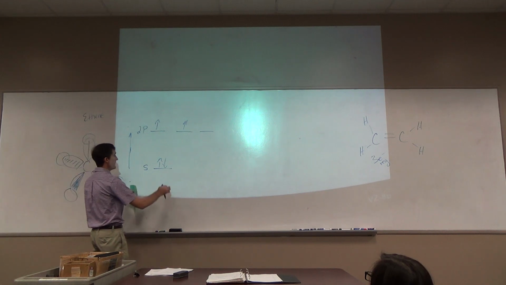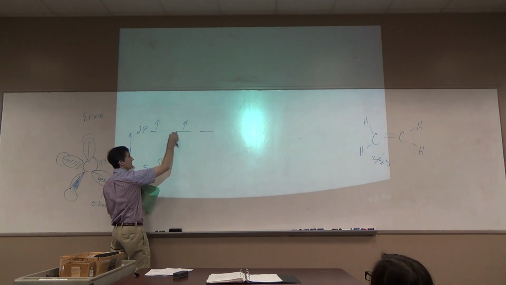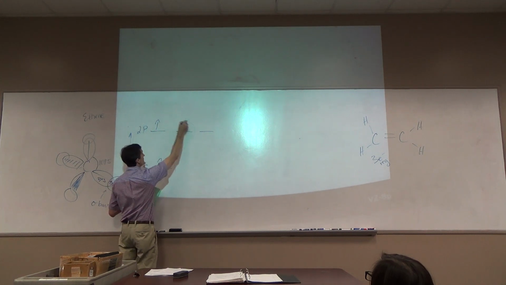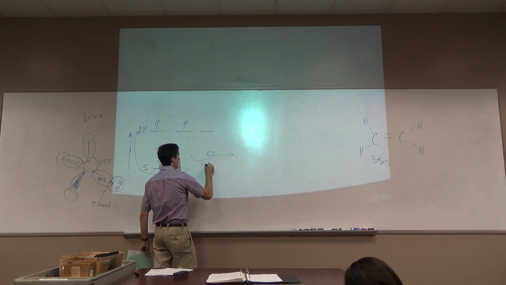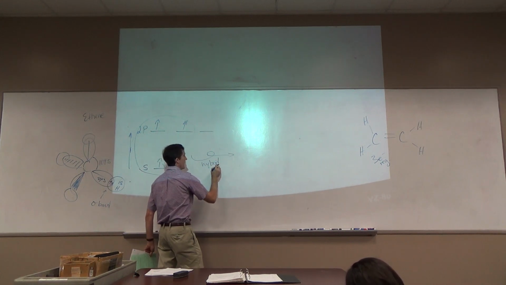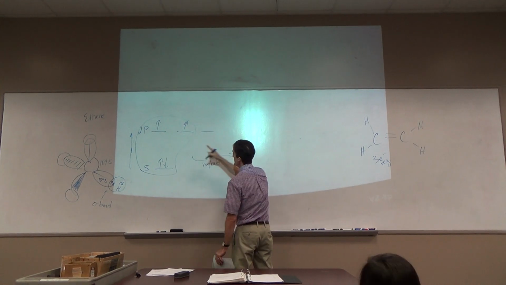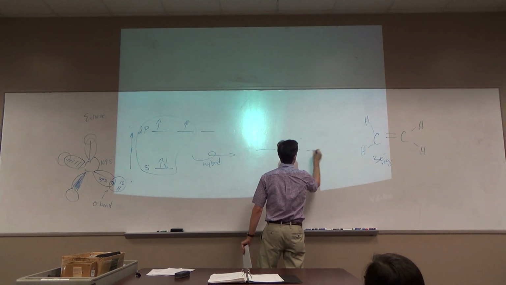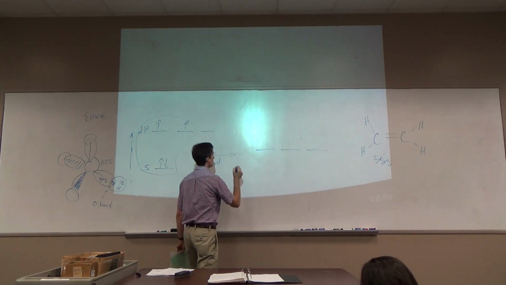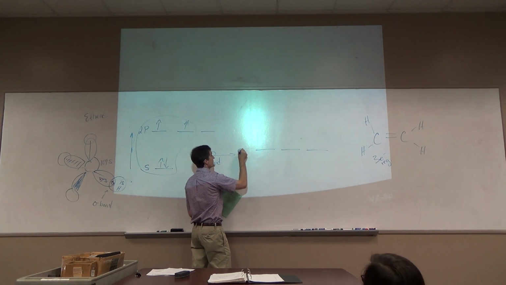We get 3 hybrids by combining an s, not all 3 p's, but an s and just 2 p's. All right? So I'm just going to combine this. Now I'm going to hybridize. And if I put 3 in the blender, how many do I get out? 3. I get 3 hybrids. What do you want to call these? sp2s. Yeah, it's real sophisticated.